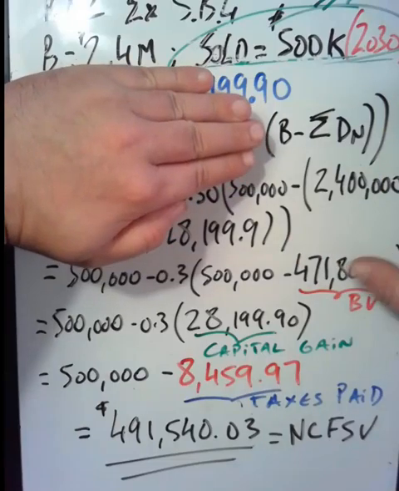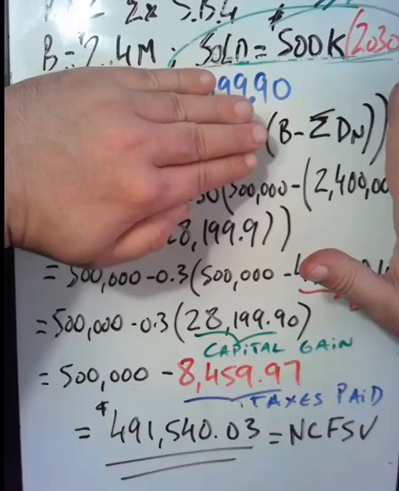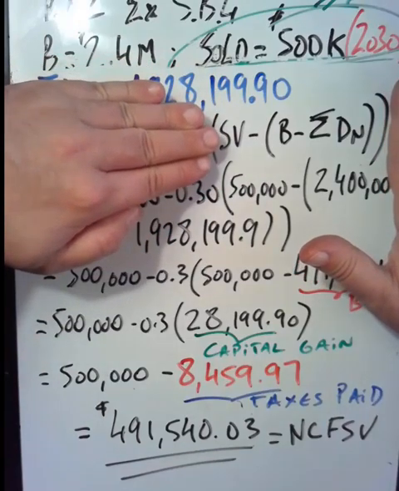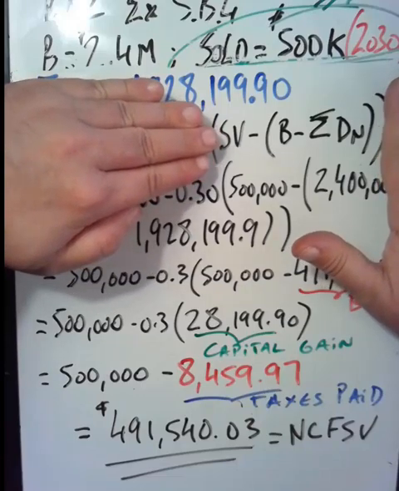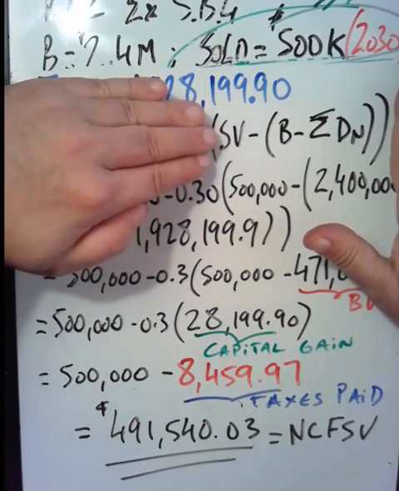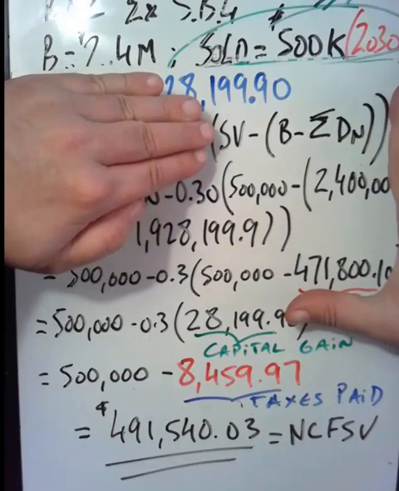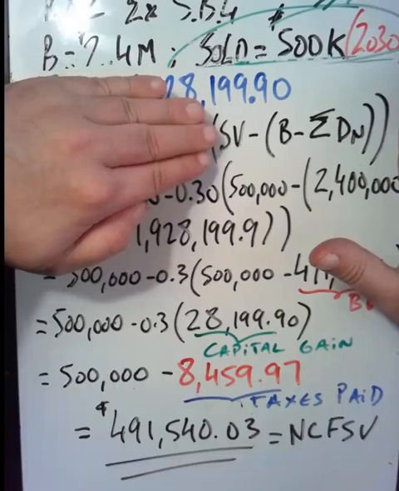We found it to be the book value of $471,000, right? If I ask, okay, what was the capital gain or loss you had with that sale? That's between these two parentheses, right? The salvage value minus the book value. That's the capital gain or capital loss. That's what we found to be a capital gain of $28,200 approximately.